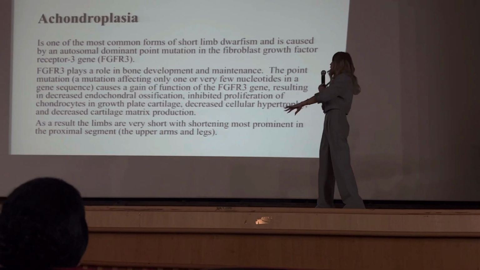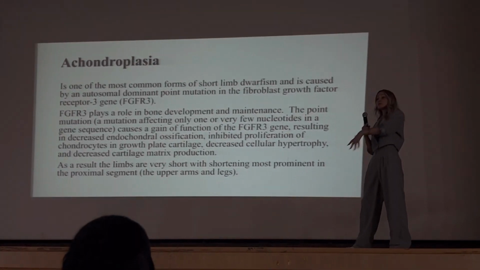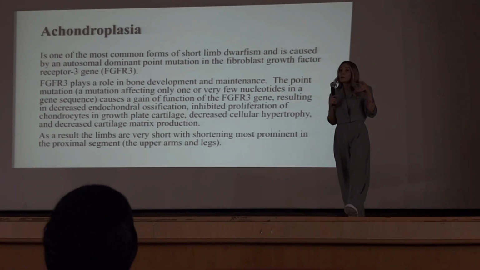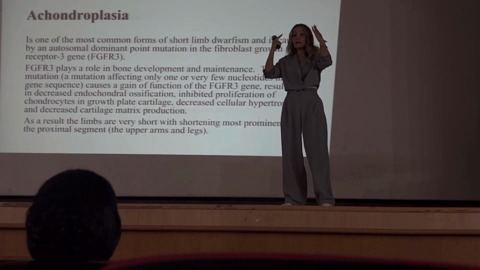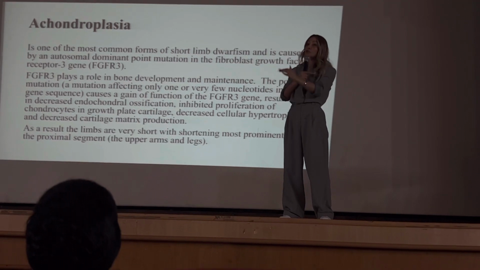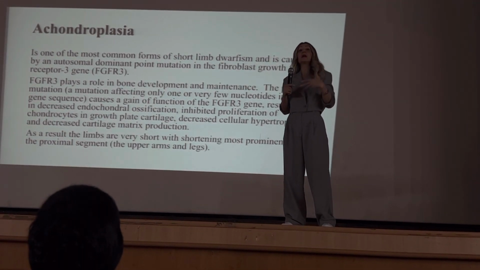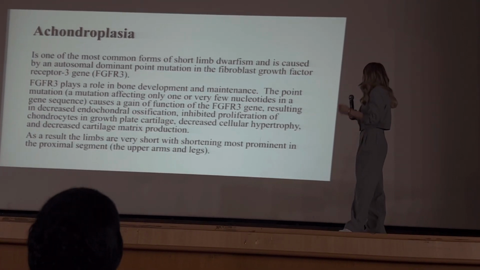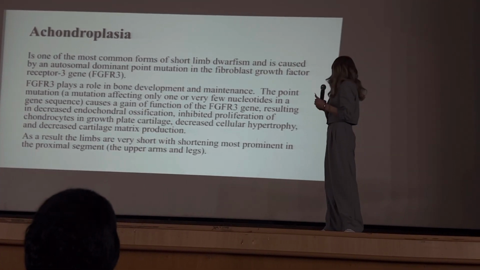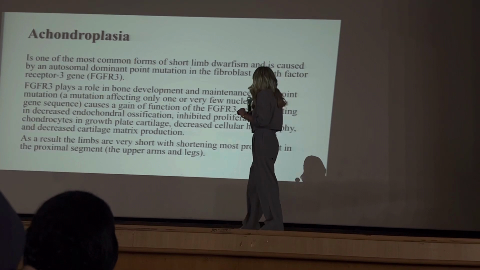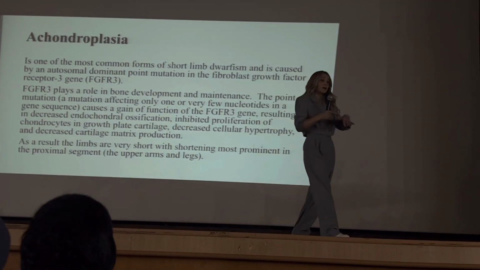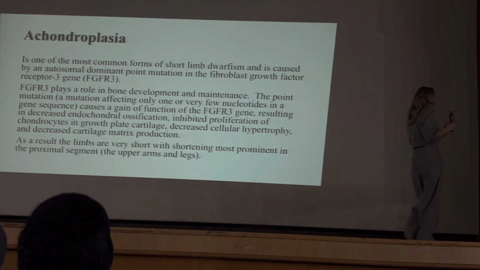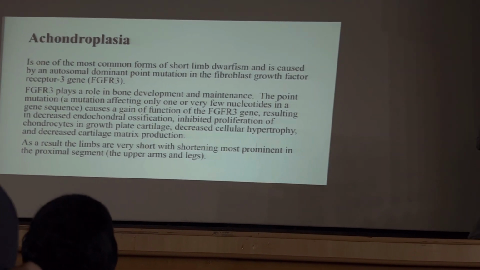As a result, the limbs, which depend on endochondral ossification, are affected, while intramembranous ossification is not. As a result, the limbs are very short, with the shortening most prominent in the proximal segments, the upper arms and legs.